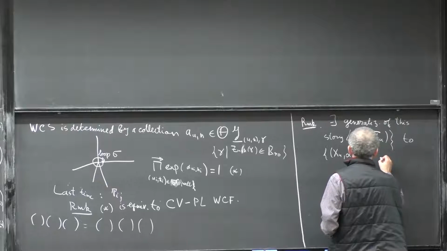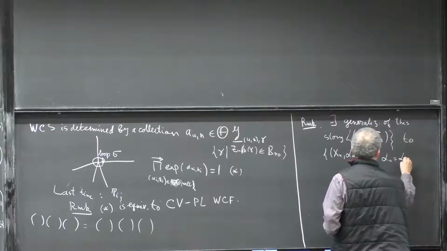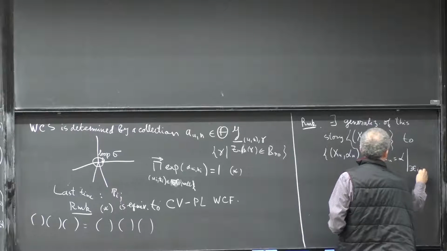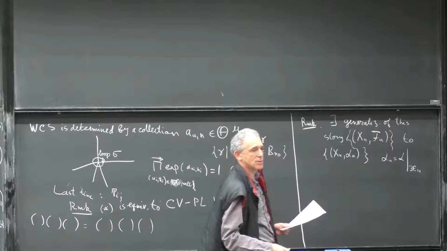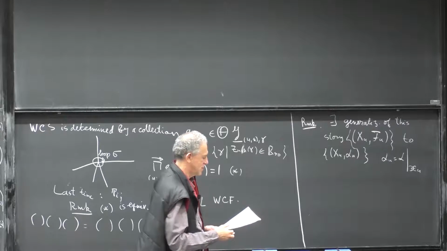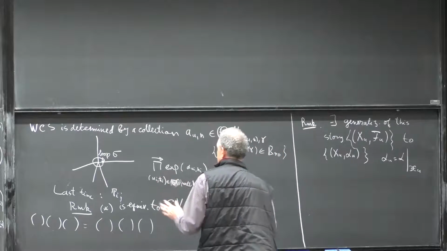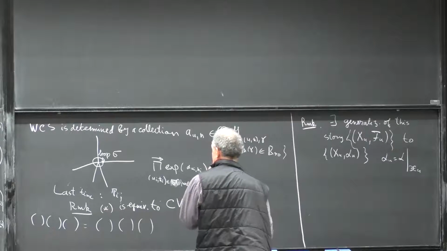But again, the condition is that they are obtained by restriction of some global closed one form in the total space of the family. So the story is very much similar to this one.